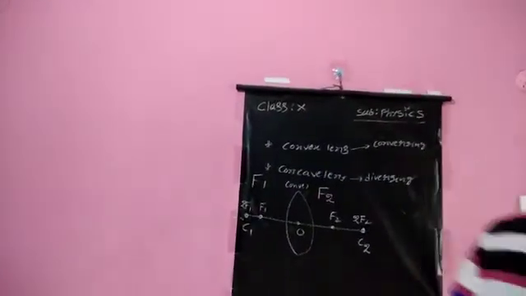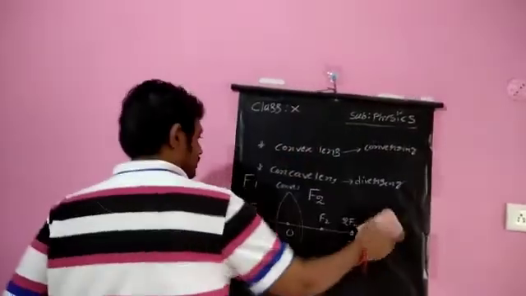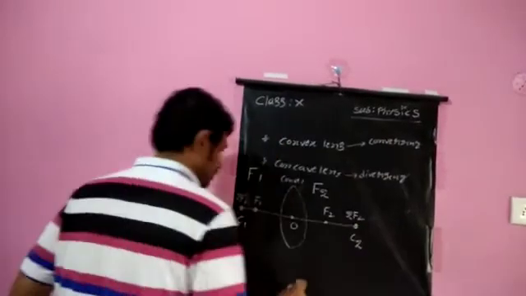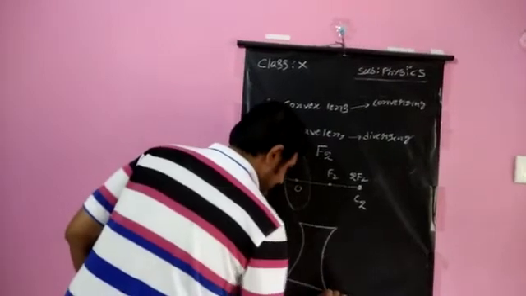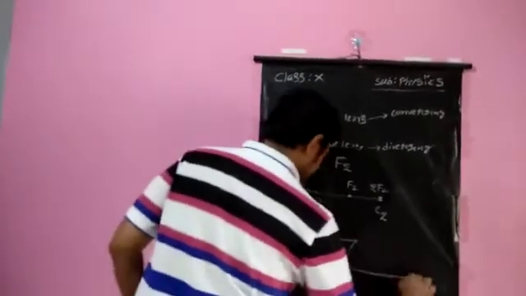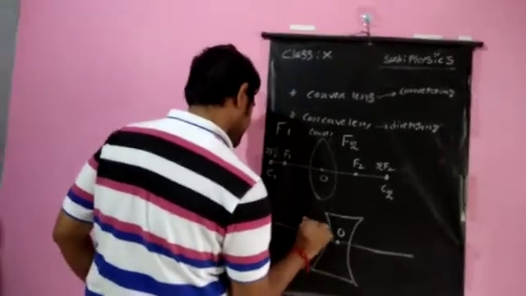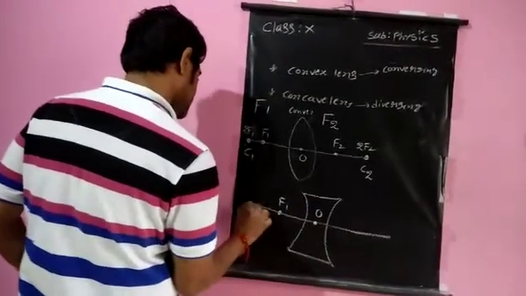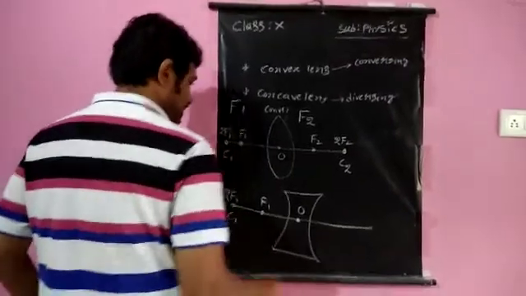For a concave lens also, it will be the same way. Here is the principal axis and its optical center. This is f1 for this concave lens. At twice the distance we will have 2f1, which acts as C1.